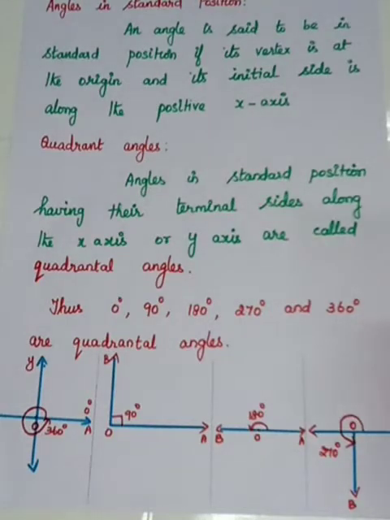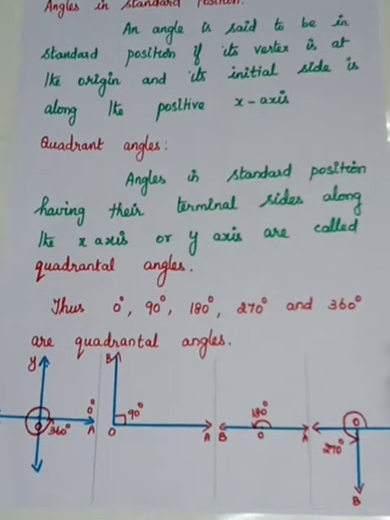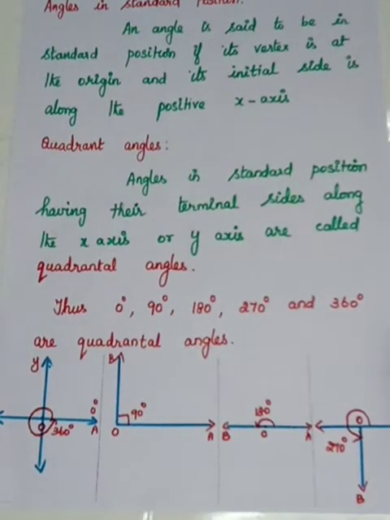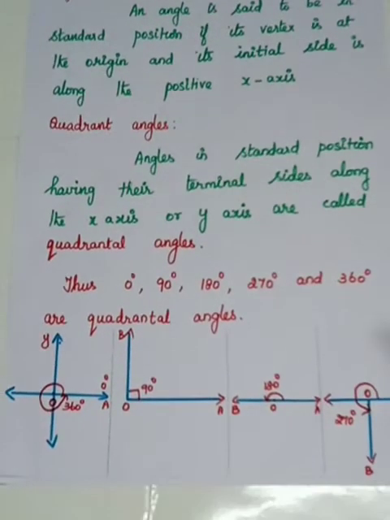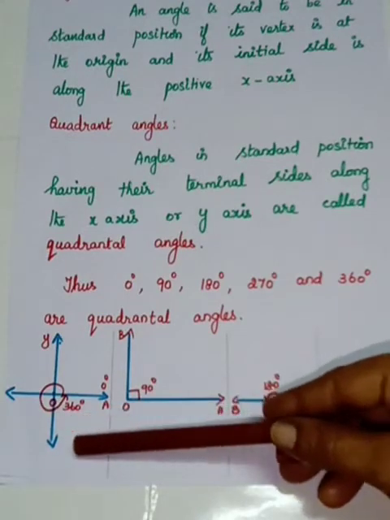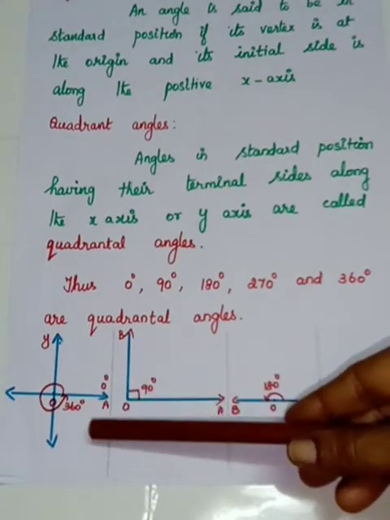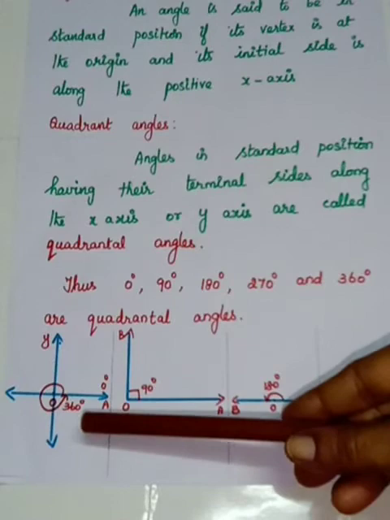The angle vertex should be at the origin and the initial side should be along the positive x-axis, and the terminal side of the angle can be in either the x-axis or y-axis. They are called quadrant angles. You look at the first diagram, here we have written two quadrant angles.